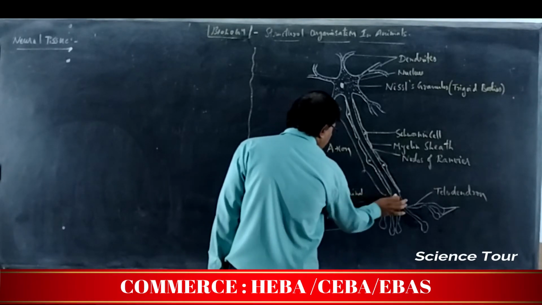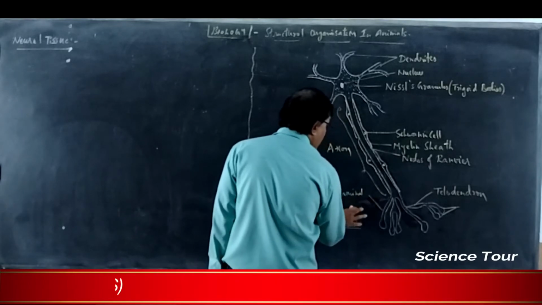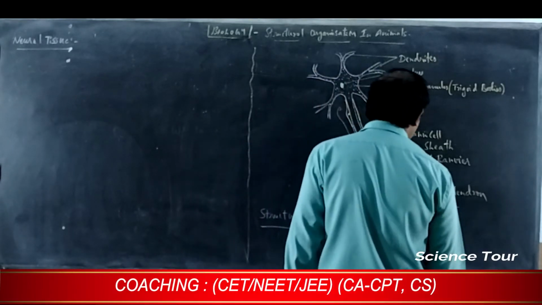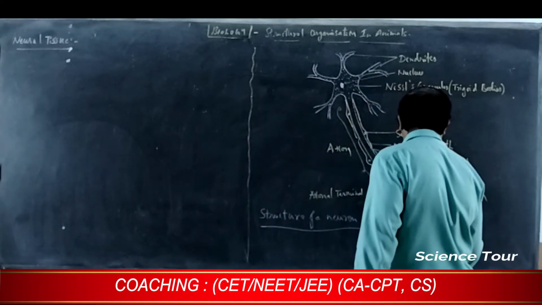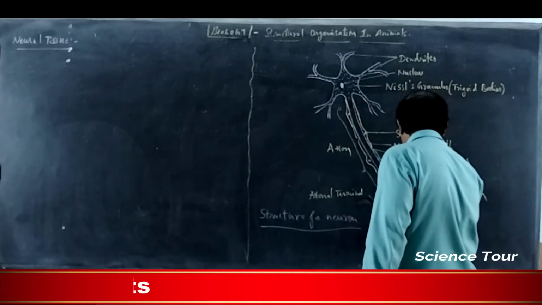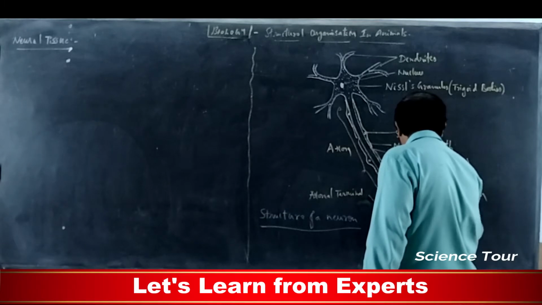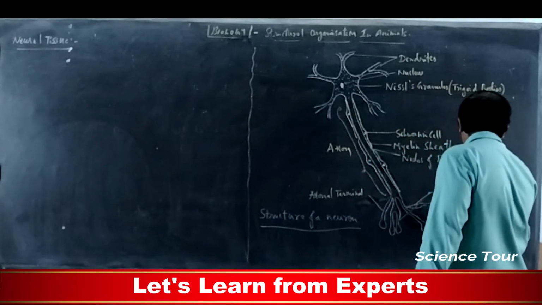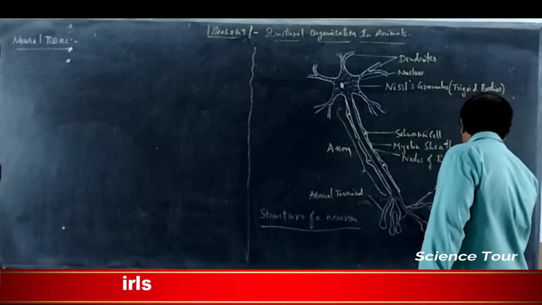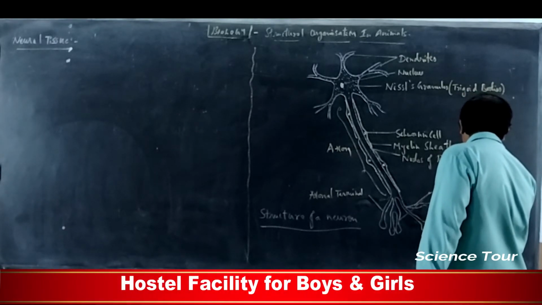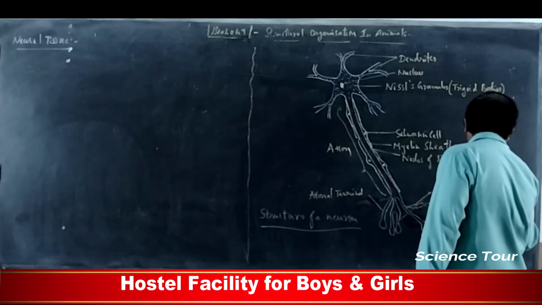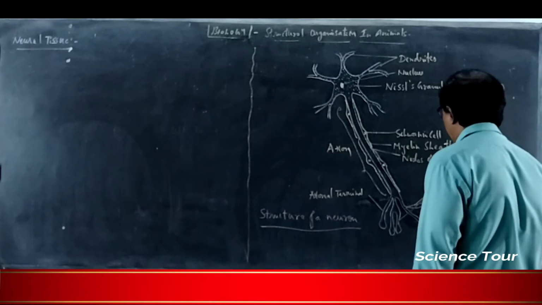These branches are called telodendrites, plural. These are the synaptic knobs.